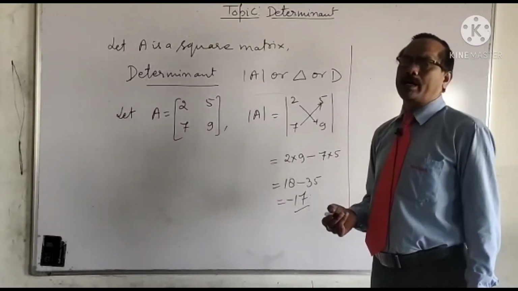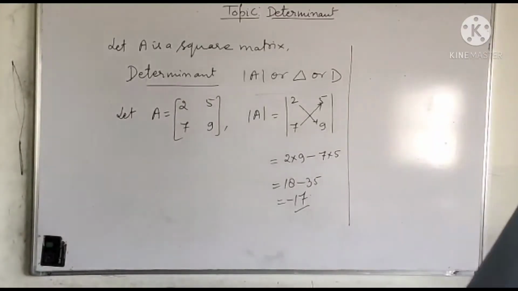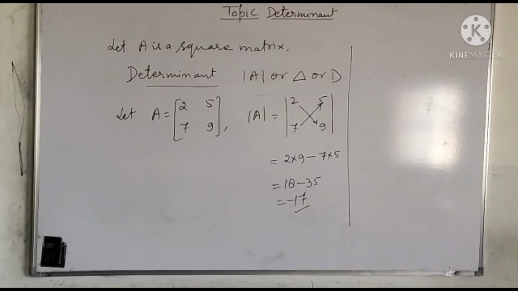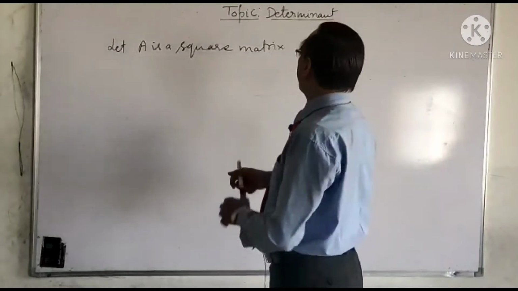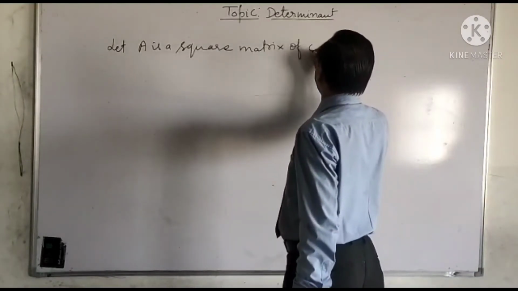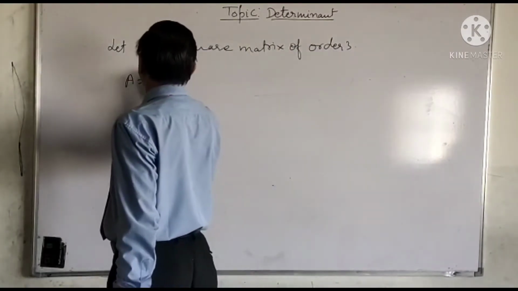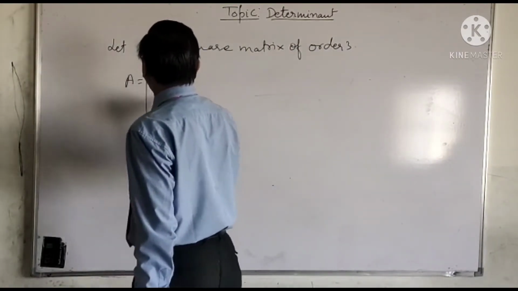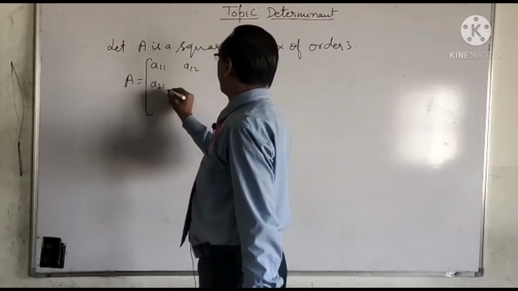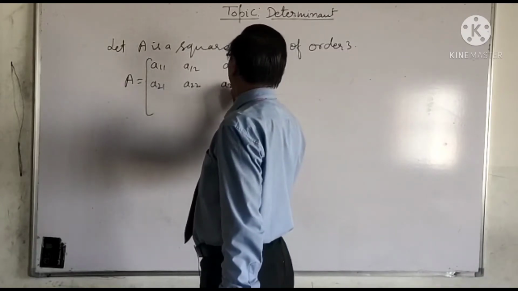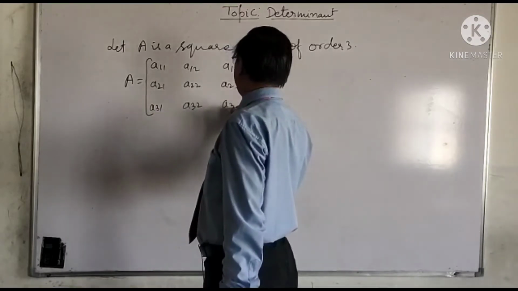Now, there is a determinant of a square matrix of order 3. Student, let A be a square matrix of order 3. Then A matrix is A11, A12, A13, A21, A22, A23, A31, A32 and A33.